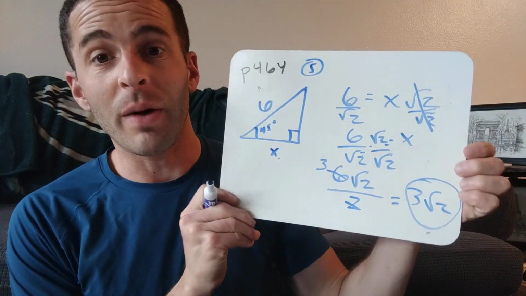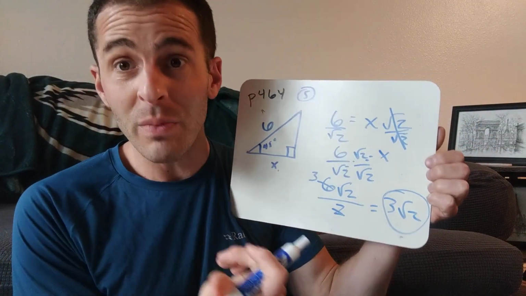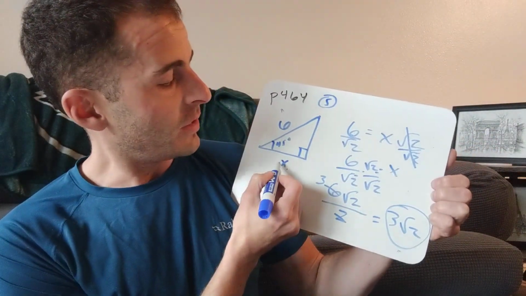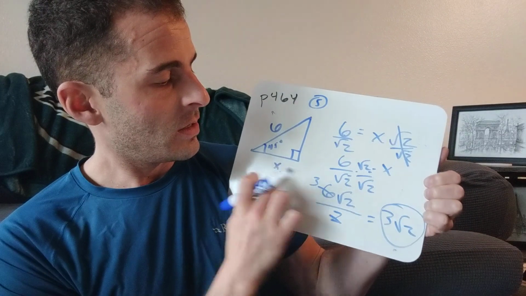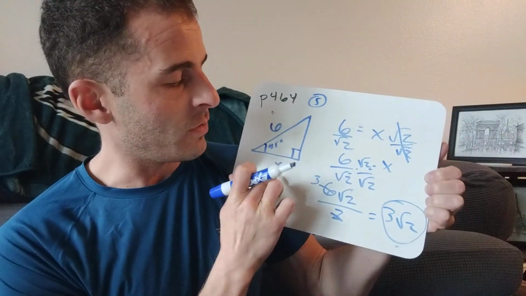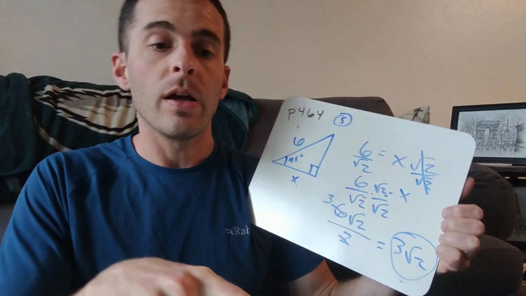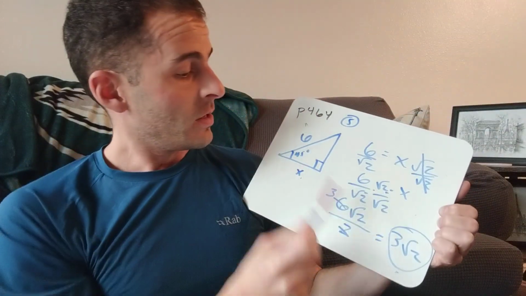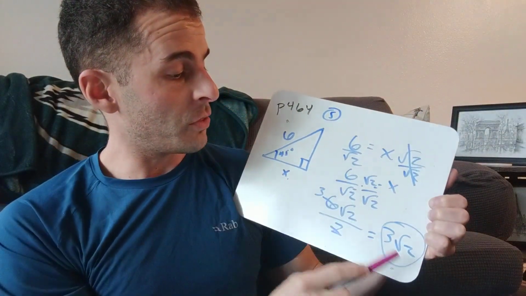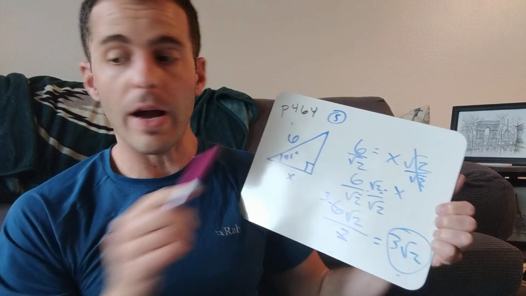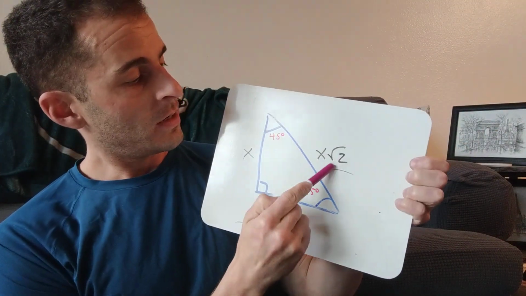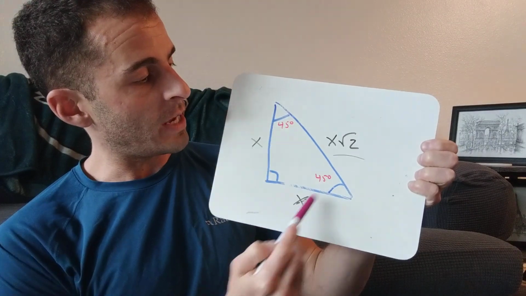Here, I'm actually going to check my work because it's the first time that you might be seeing it. So my leg is x. I have the value of x being 3 rad 2. If this is correct, this side should be 3 rad 2 with another rad 2 on it, correct? Right? The hypotenuse is whatever the leg is with an extra rad 2 right behind it.